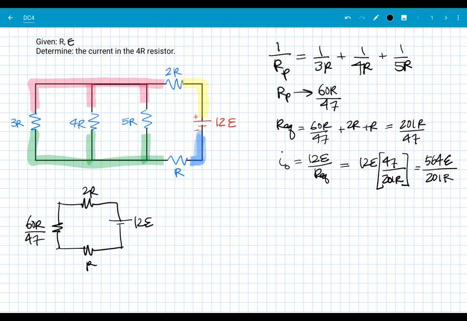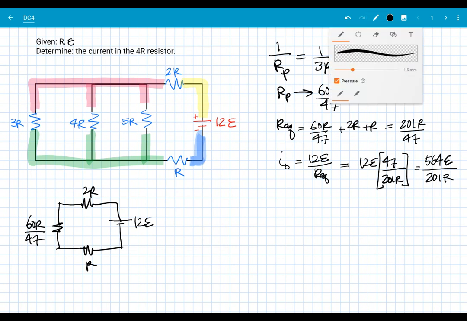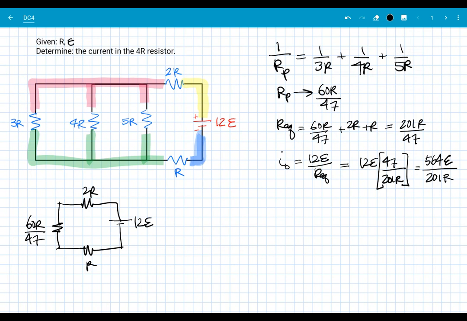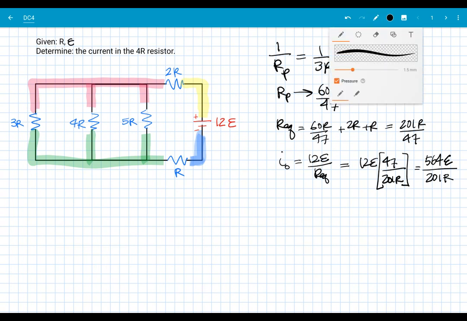Okay, so now I have the battery current. I'm going to erase the simplified circuit down here. I just wanted you to have it in your brain. It's really good to draw those intermediate values. I just don't want to use this space for that anymore.